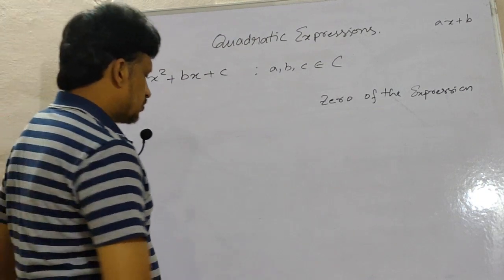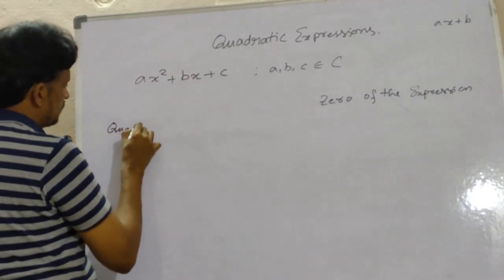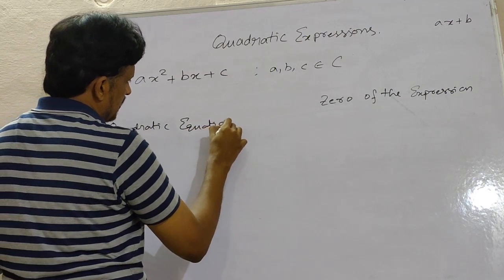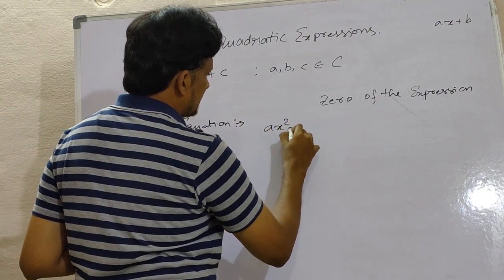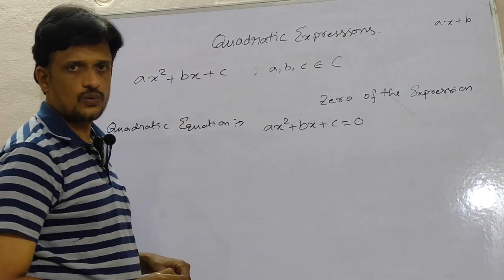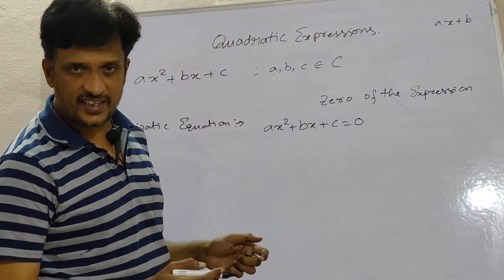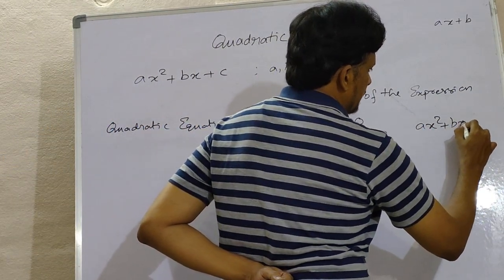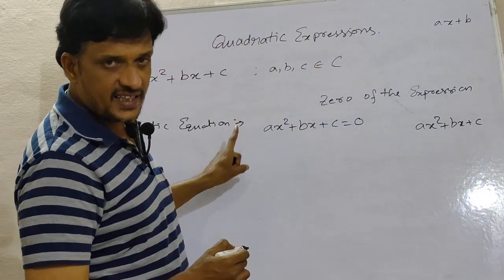And now, what is a quadratic equation? Here the quadratic equation is ax square plus bx plus c is equal to 0. So this expression, if it is equal to 0, is called an equation.